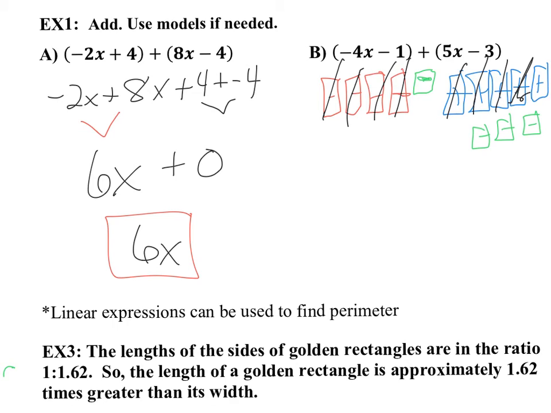So I can actually just write negative 4 as my answer, because there are 1, 2, 3, 4 negative constants, and I only have 1 left over of my coefficients, and that would be 1x. So my answer is actually just 1x minus 4, or I could write it as x minus 4 as my final answer. So either one would be correct, just knowing that I was able to cancel out the coefficients.